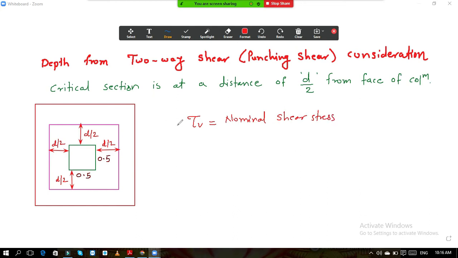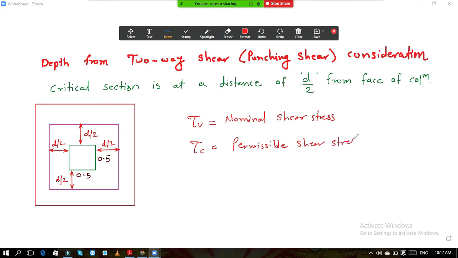Nominal shear stress means the shear stress which is actually developed here due to the loading. And the second thing is tau c, which is your permissible shear stress. Permissible allowable values are given by IS 456 2000.